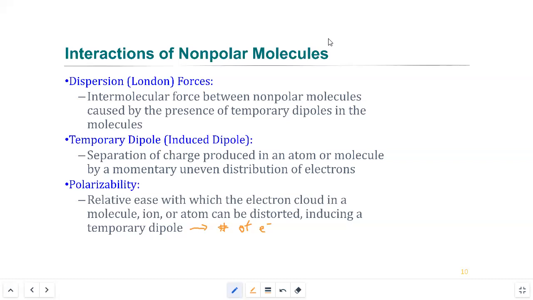The more we add, the more likely it is we'll get a distortion. Now, counting the number of electrons can be a pain, but we can estimate number of electrons through molar mass. The heavier something is, the more electrons it's going to have, and the more likely it is to be distorted.